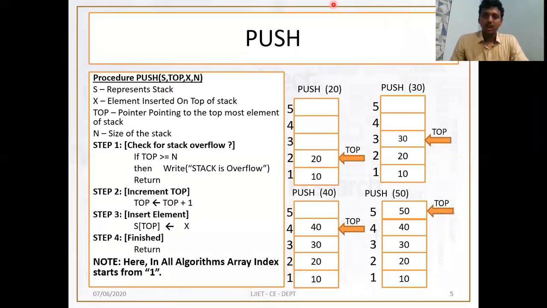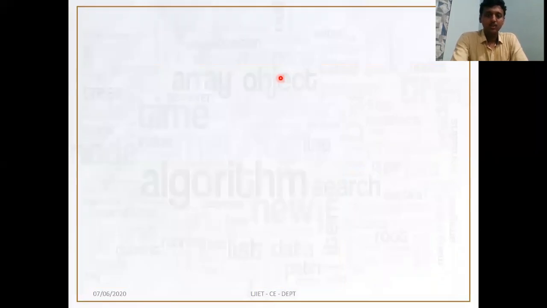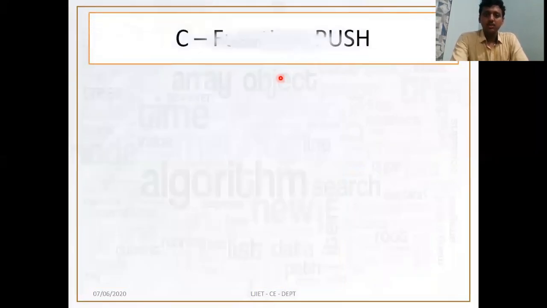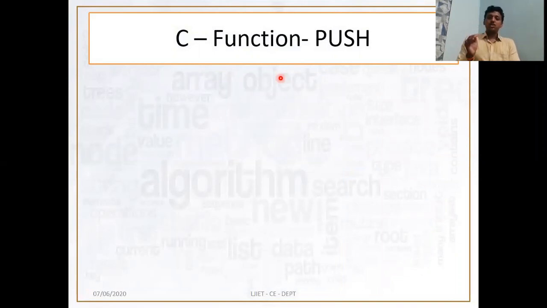Okay, so now students, let's start with the C function of the push algorithm. The function and the algorithm both work in a similar way. What was your algorithm name? That is push.